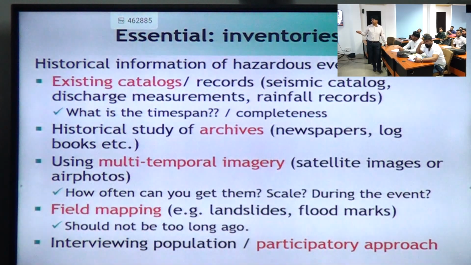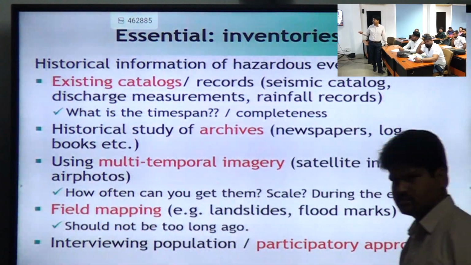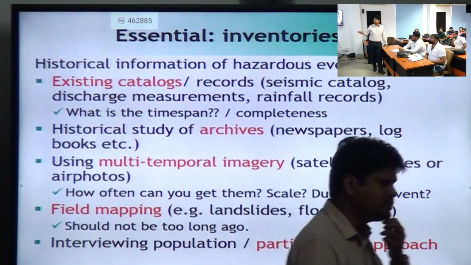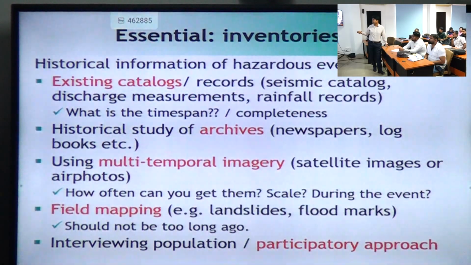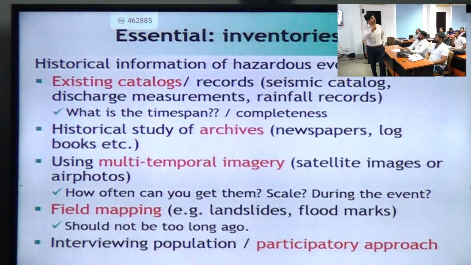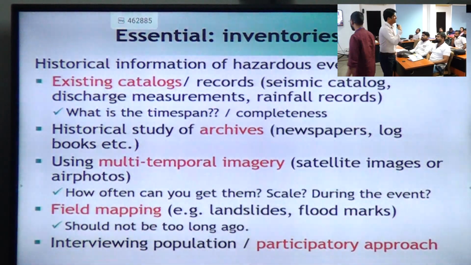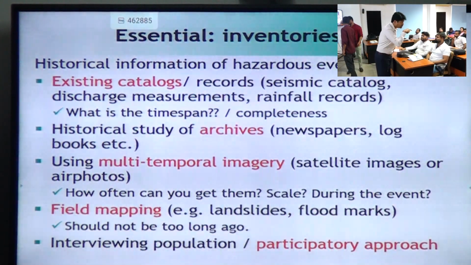So, existing catalogs, you have to find records: seismic catalog, discharge measurement, rainfall records, and so on. Then you have to look at the time span and the completeness. Okay? Historical study of archives, newspapers, log books, etc. is also very important. Multi-temporal imagery, satellite images or air photos, that is where you can look at the past and see if there are any changes that have happened, you can delineate them, but you need to validate.